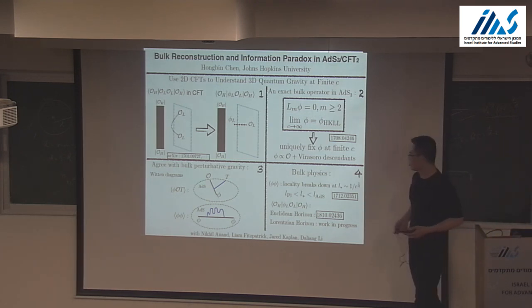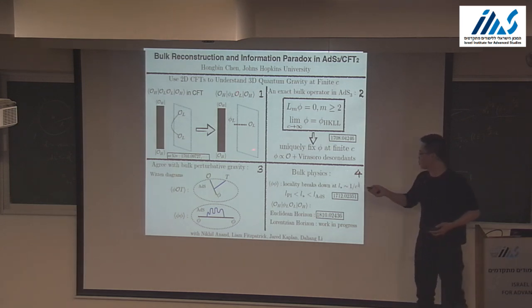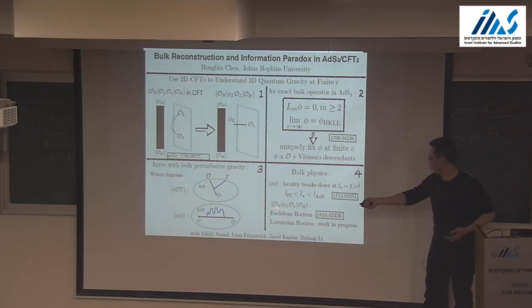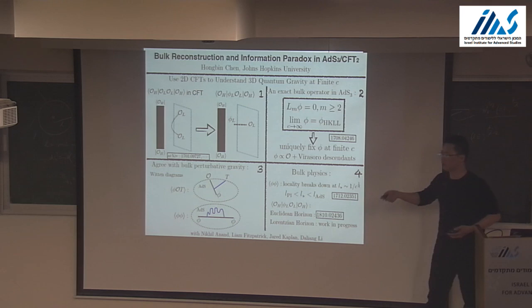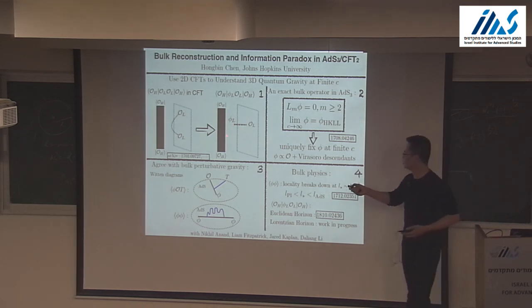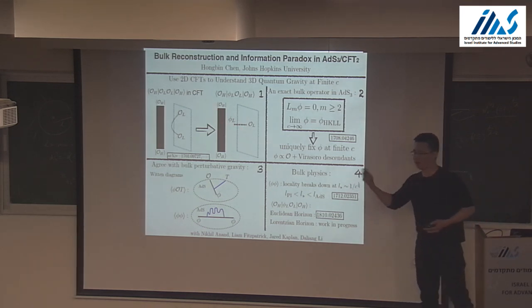So going back to our original motivation, we want to study the black hole horizon. Now we use this definition of the bulk operator. We can compute the Virasoro block of this four-point function, and then we can send this bulk operator to probe the black hole horizon.